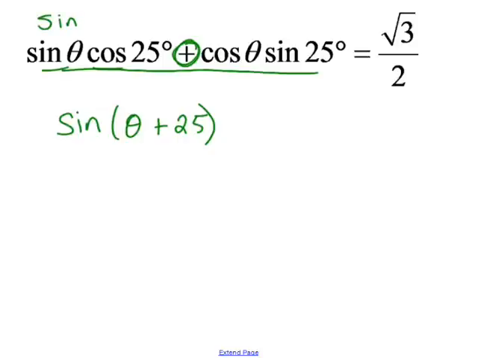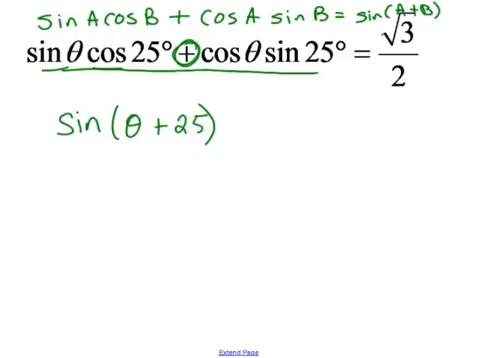Sine of A cosine of B plus cosine of A sine of B equals sine of A plus B.